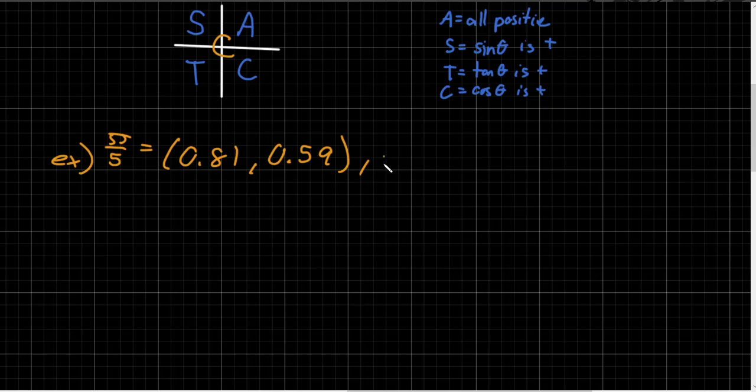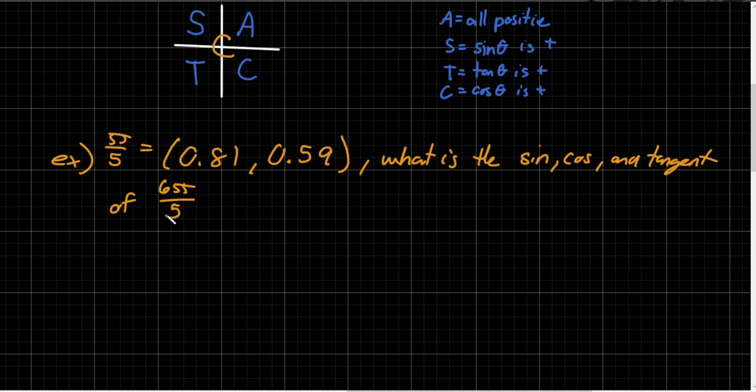I want you to tell me what is the sine, cosine, and tangent of 6 pi fifths. I will do the first half with you. The second half is your own.